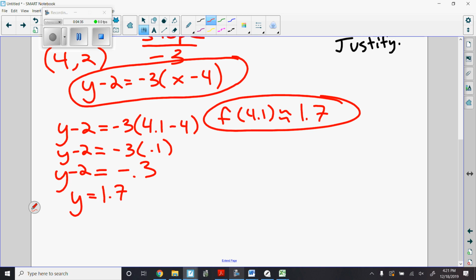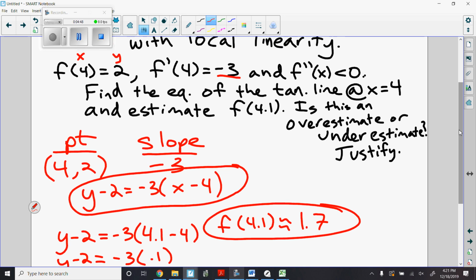The third part of the question says, is this estimation of 1.7 an overestimate or an underestimate? Well, for that we need this piece of information right here.